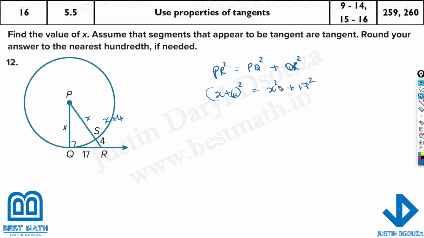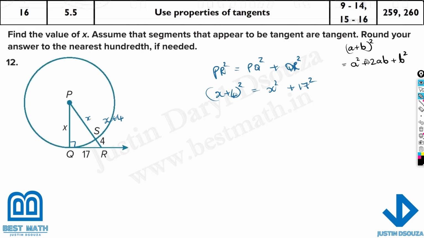In this case, if you're solving by steps, you have to use the a plus b the whole square rule. So what is a plus b the whole square? I'm just going to write it over here. The rule is a plus b the whole squared equals the first term squared plus 2 times both the terms multiplied plus b squared.